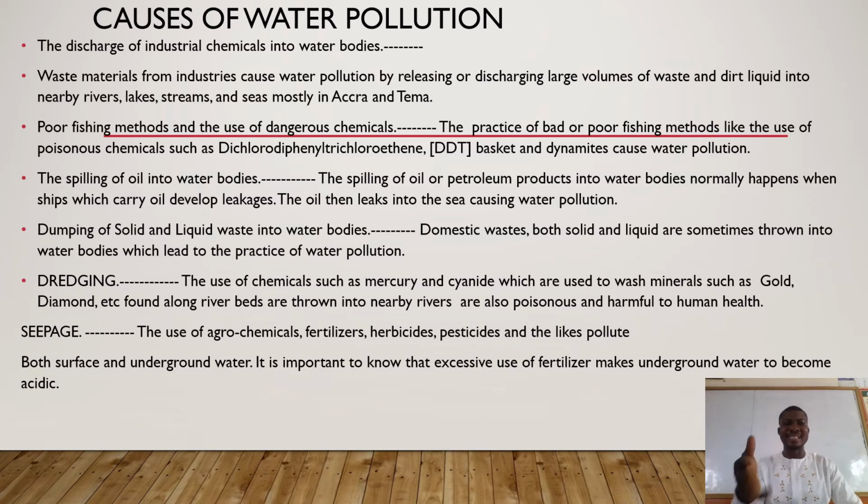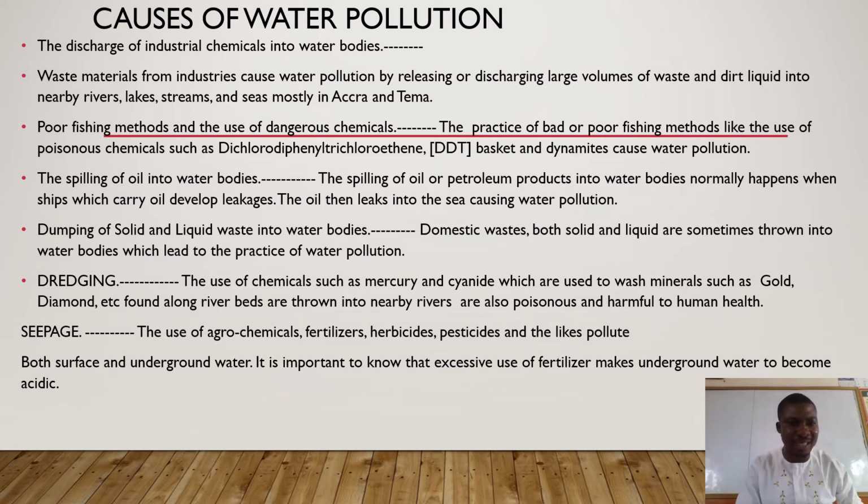We are saying this happens when ships carry oil from abroad, or when they are transporting oil into Africa.